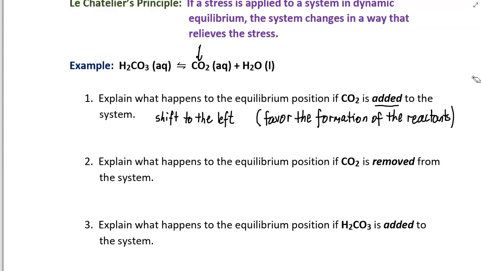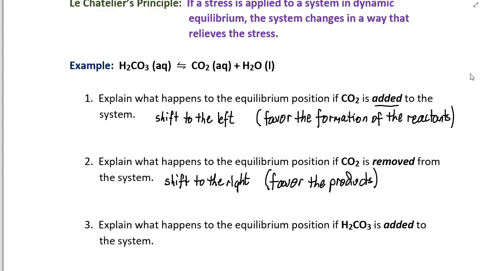CO2 is produced when the forward reaction occurs. So the equilibrium position will shift to the right. Alternatively, you can say that the chemical reaction will favor the formation of the products.